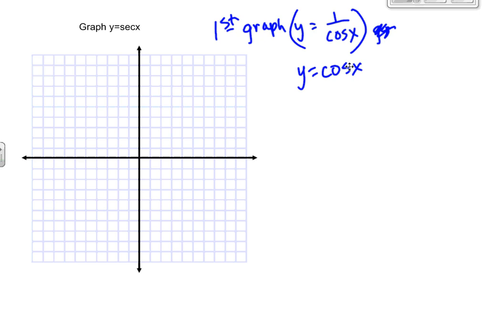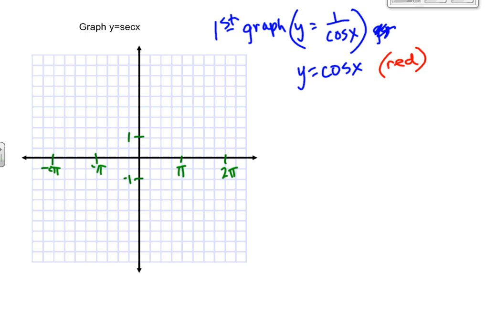I'll just go 1 pi and 2 pi. And I'll go back a period to 1, 2, 3, 4, negative pi. And those are at 1 and negative 1. When I graph a plain old cosine, I'll put this one in red.